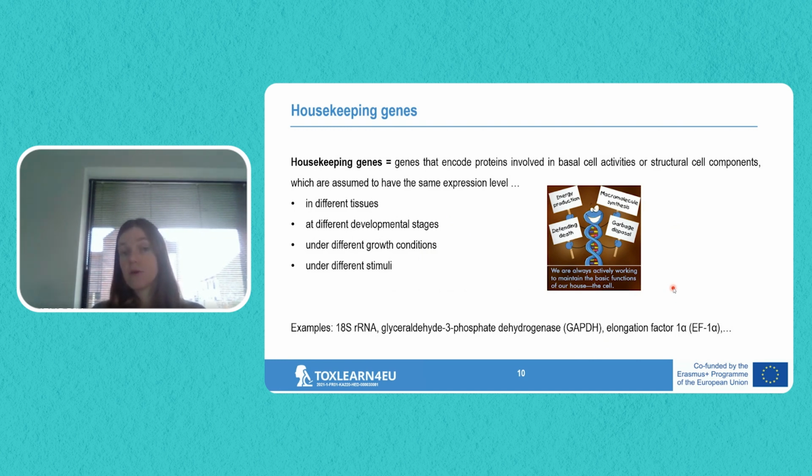And as a consequence, we expect those genes to be constantly expressed at the same level, even when an organism or a cell is exposed to certain stress conditions. And at the bottom here, you can see some examples. So, for example, the 18S ribosomal RNA, GAPDH, elongation factor 1 alpha, and when you look in the literature, you will find many more.